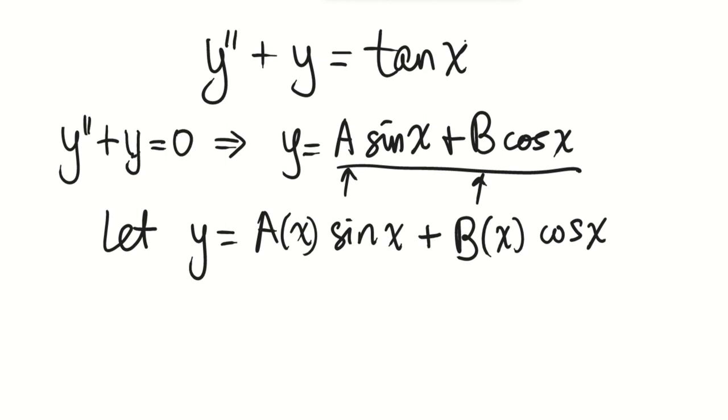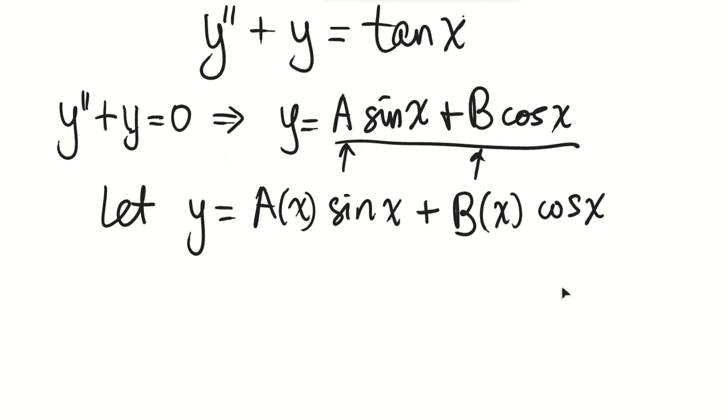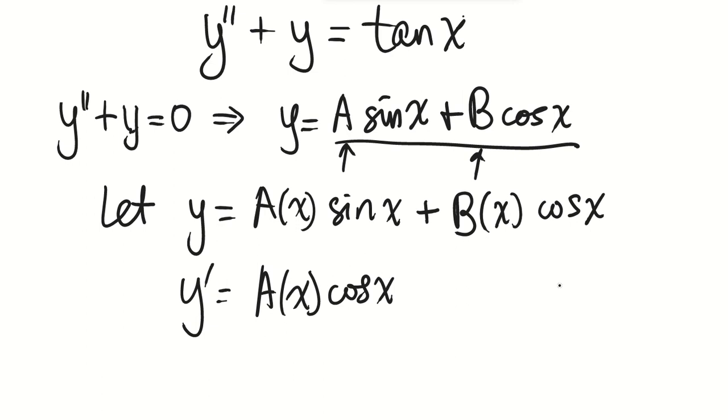And you will find functions a and b that satisfy this. So let's try to find y prime. Now that a and b are functions, we have to make use of the product rule. So it is not just a cos x minus b sine x.